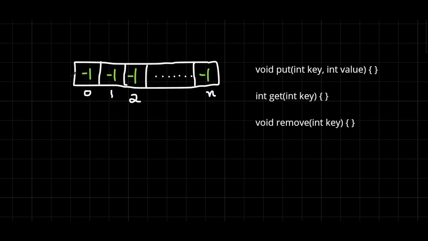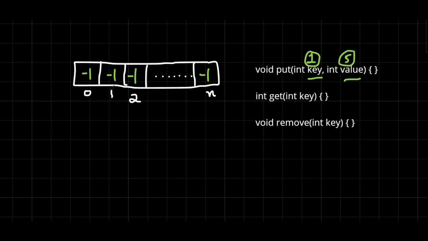So now we have to implement the first method, which is put, which has two parameters, which are key and value. That means, suppose the key is 1 and the value is 5, that means we have to put the value 5 in the 1st index.